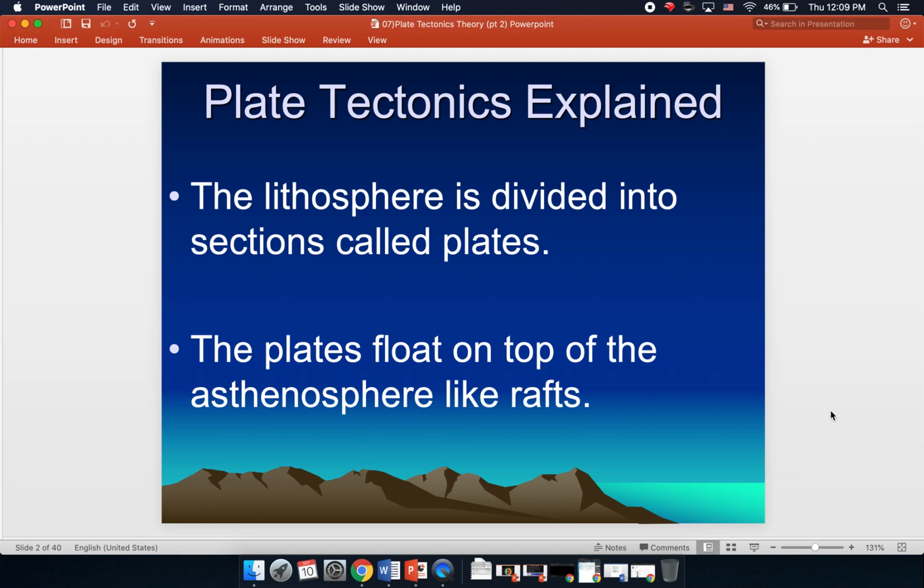And those plates float on top of the asthenosphere, that underlying plastic-like layer, like rafts, with the lighter parts riding up a little higher and making the continents, while the heavier parts ride a little bit lower and make up the ocean floors.